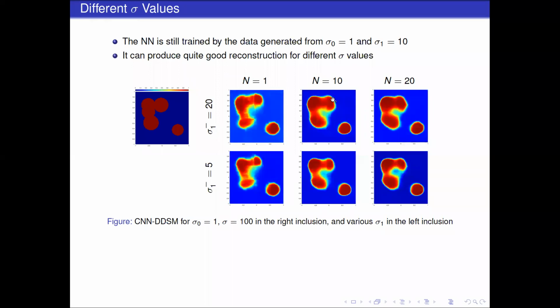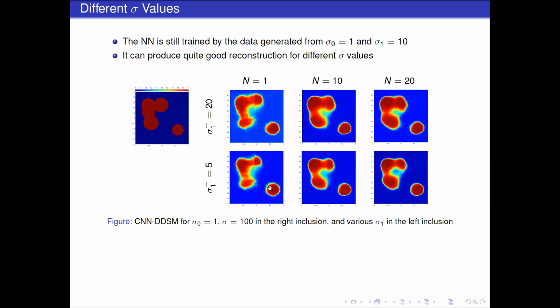And then we generate the test data. We are supposed to generate the test data using the same conductivity values. But one time we made a mistake and chose different conductivity values. But it turns out that the reconstruction is not affected very much by different conductivity values.